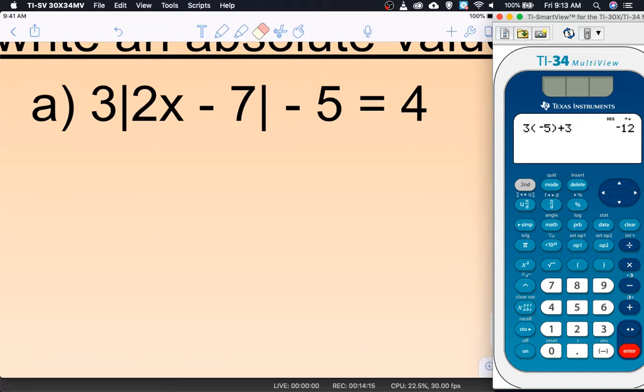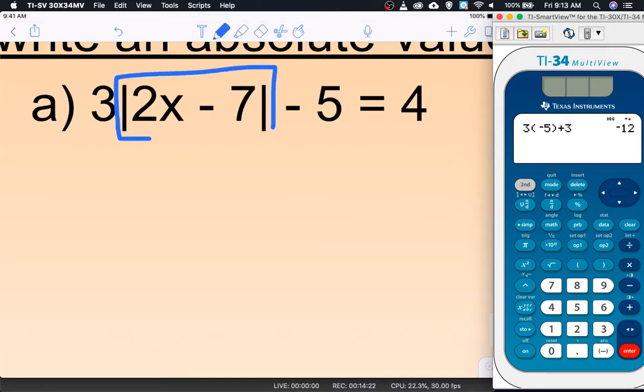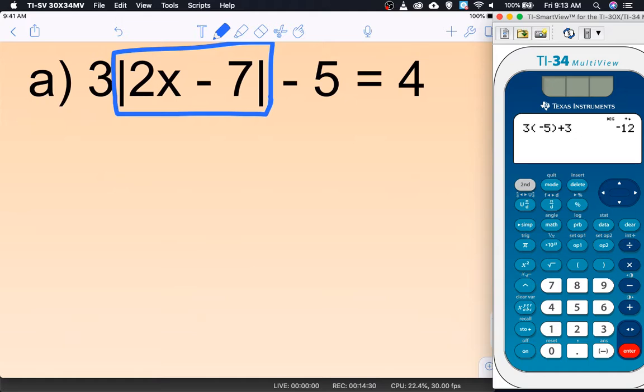So the first thing we're going to have to do is actually get this piece by itself. I can't do what we were doing before, separating into those two separate equations, until that piece is by itself. So I want to get to a point where I have 2x minus 7 equals something.